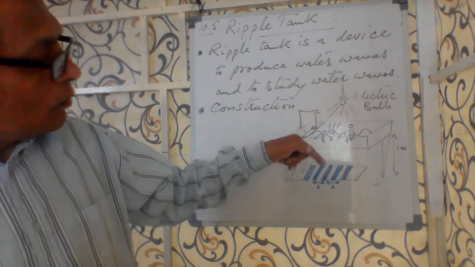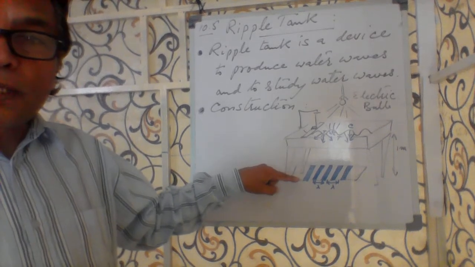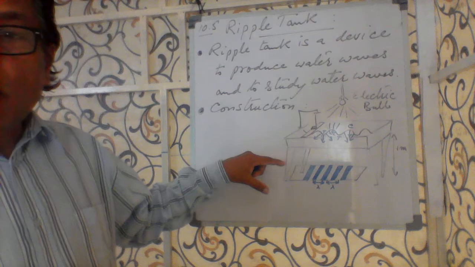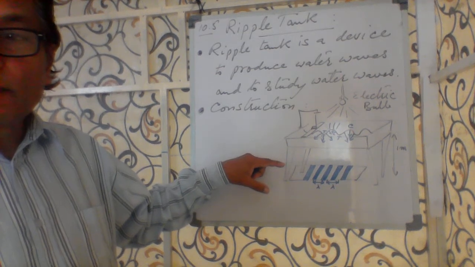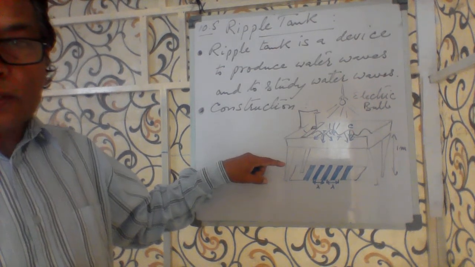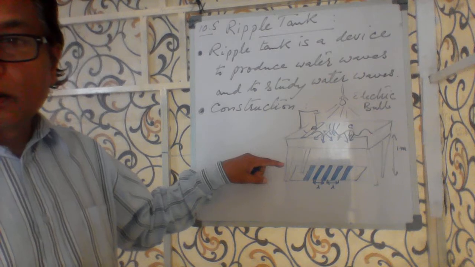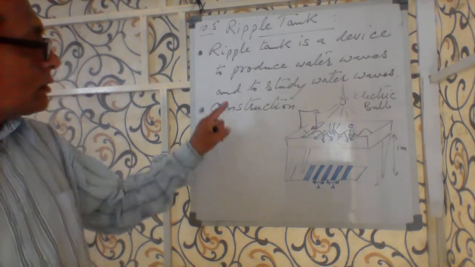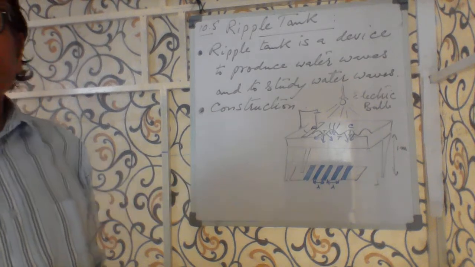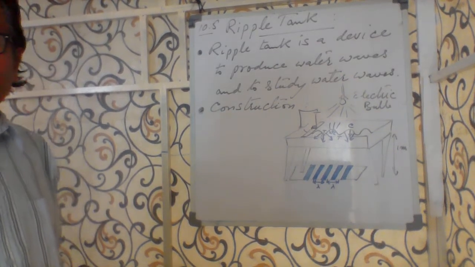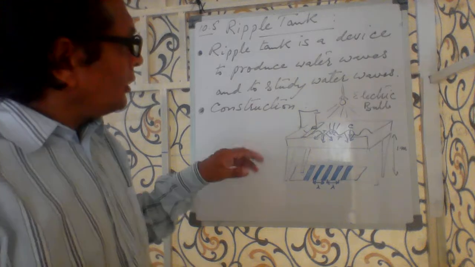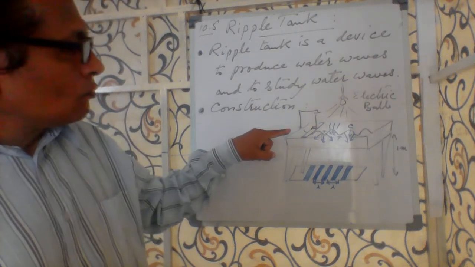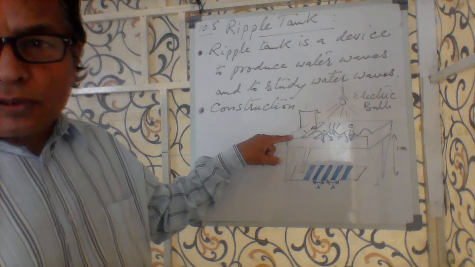Or what else we will study in the working of ripple tank. We will study those things under the topic heading working of ripple tank. This was just the construction of ripple tank. And we will also study different characteristics of waves.